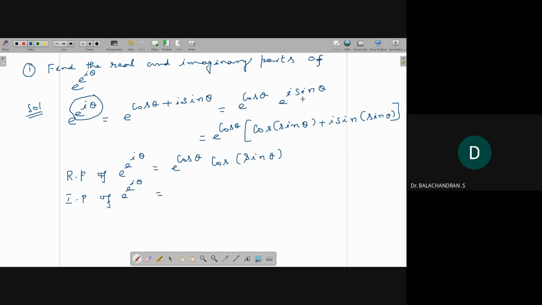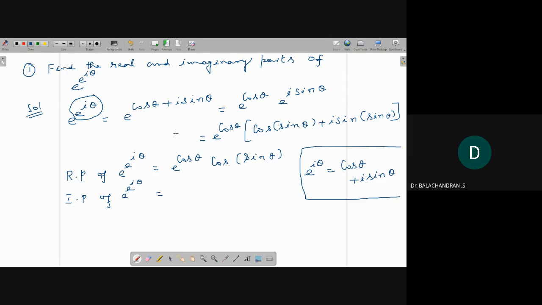Here I used e power i, this is sin theta. So you know that e power i theta equal to cos theta plus i sin theta. So instead of theta, you have sin theta. So that's why cos of sin theta plus i sin of sin theta.